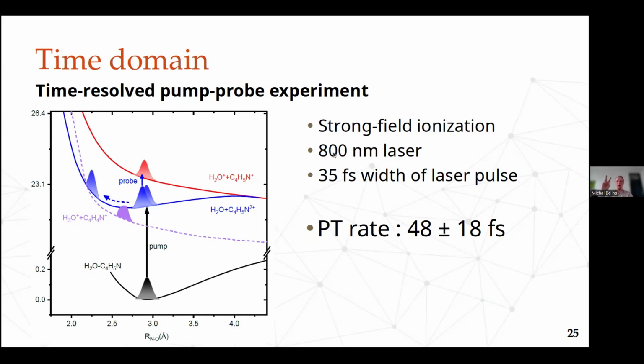You only need a very strong electric field induced by the photons. And what they measured is 48 femtoseconds as the proton transfer rate. So this is, within the error boundaries, the very same proton transfer rate as was observed for the water dimer, or what was observed in bulk water.